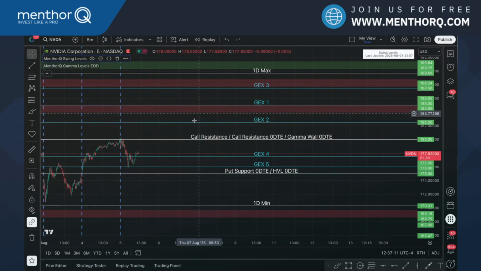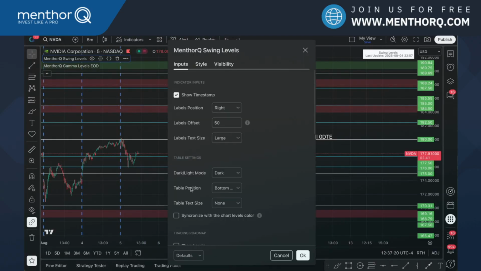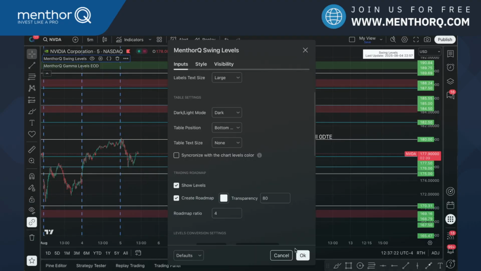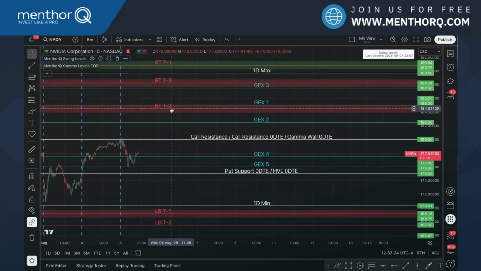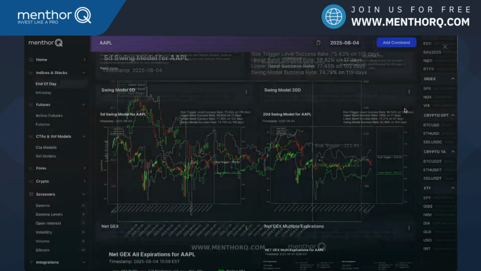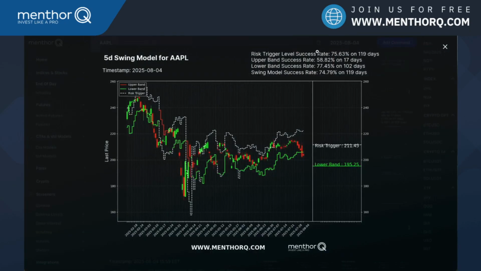For example, if the price in this case was to go up here, not only you have our JAX1 level, but you also have our level coming from our swing trading model. In this case, we have a risk trigger from 2 days ago. And then going back to the chart, you can actually come here and look at the success rate of the risk trigger.